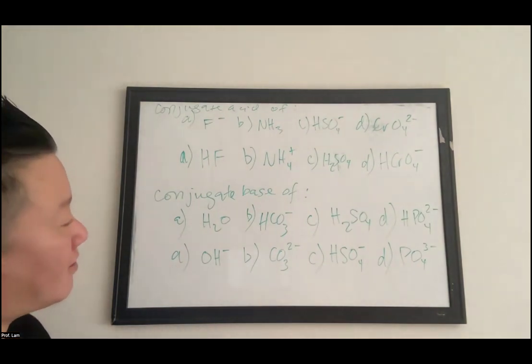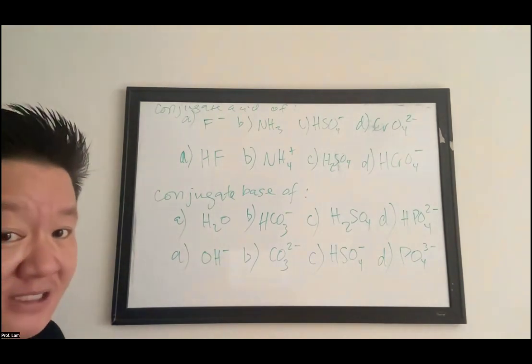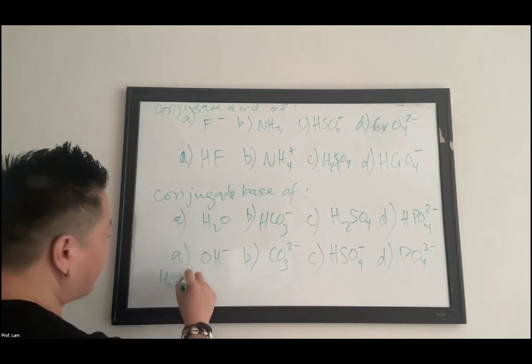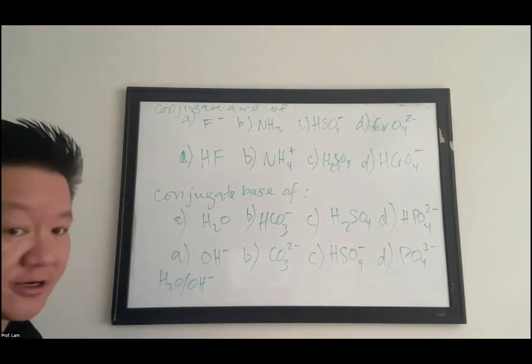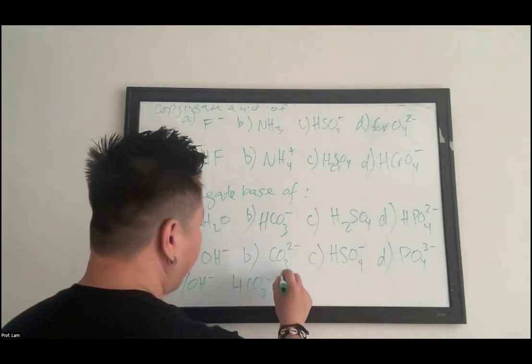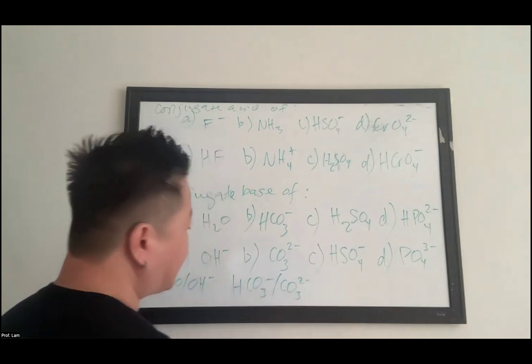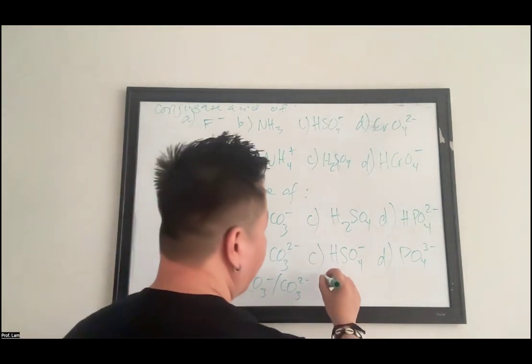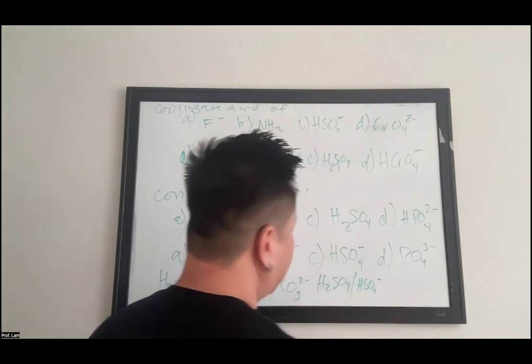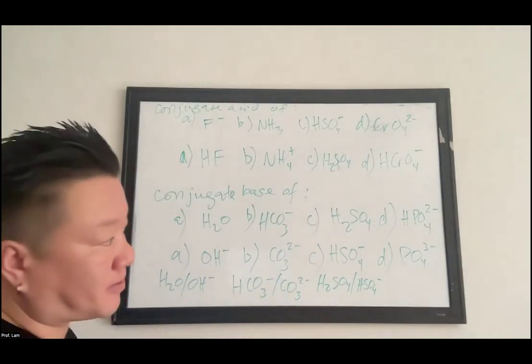Okay, so now if you were to ask, write the conjugate acid-base pairs of these things, you would just pair them together, right? So water and hydroxide is considered a conjugate acid-base pair. HCO3 minus and carbonate is a conjugate acid-base pair. H2SO4 and HSO4 minus is a conjugate acid-base pair.